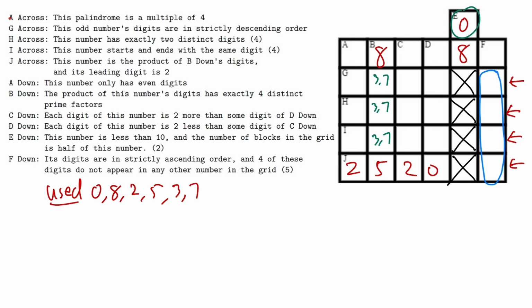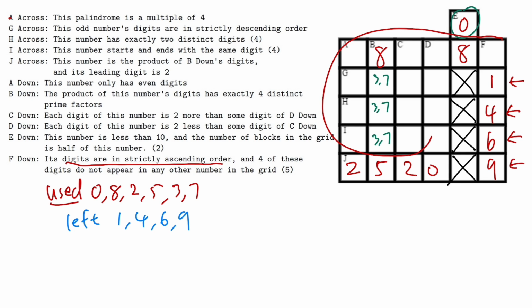That means we're left with 1, 4, 6, and 9. These are the 4 digits that we must fill in the blue boxes right here. The condition of filling in these boxes is that the digits are in strictly ascending order, meaning they have to go up. So we must have 1, 4, 6, and 9, and you shouldn't see any 1, 4, 6, and 9 in the remaining boxes.